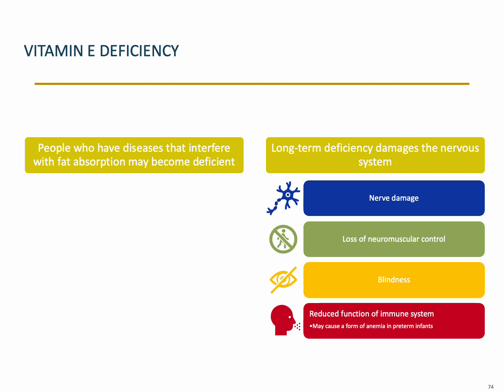So diseases that interfere with fat absorption, again, could be one example of those causes. And some of the deficiency symptoms listed there below, but can be pretty severe. But of course, this has to be quite long-term and substantial vitamin D deficiency in order to cause these issues.